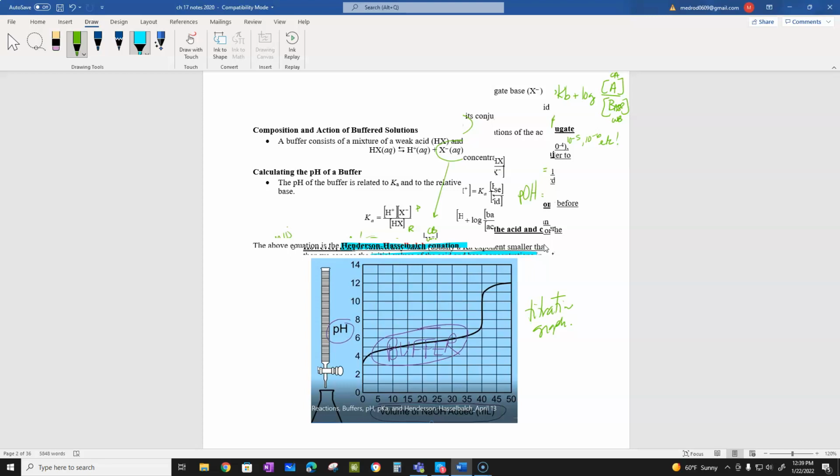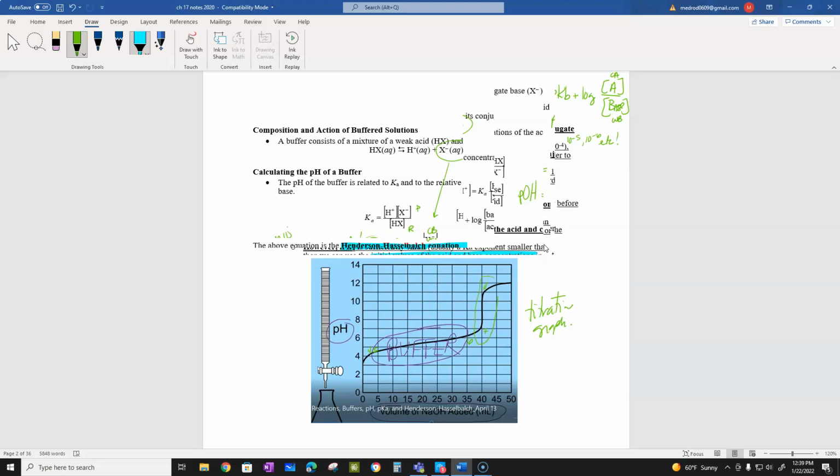So notice right here, if pH is on the y-axis, this pH change in what they call the buffer region is about 4, maybe 5, and then right here, it's about 6. That's not a big change. But then look right here. It goes from pH 7 to about 11.